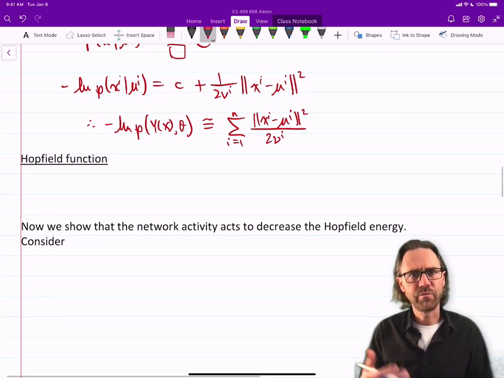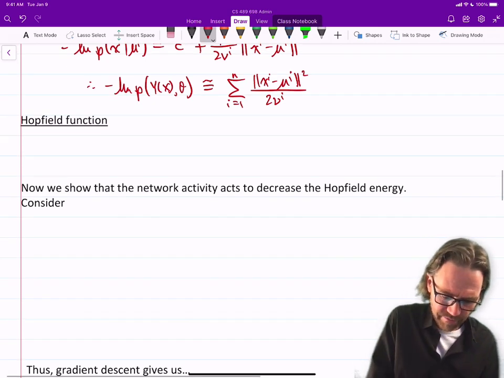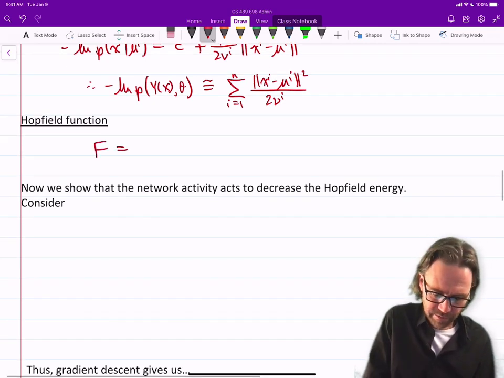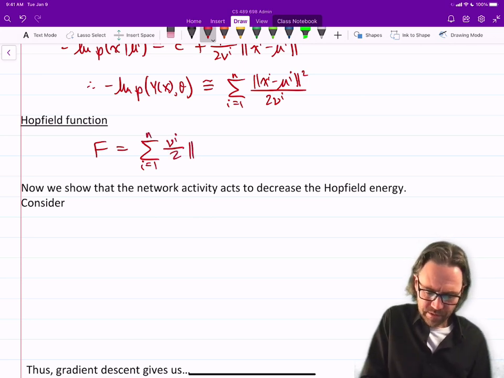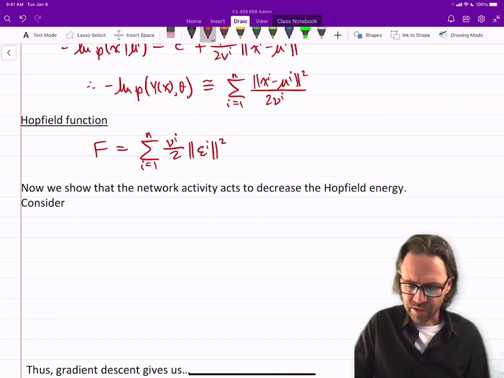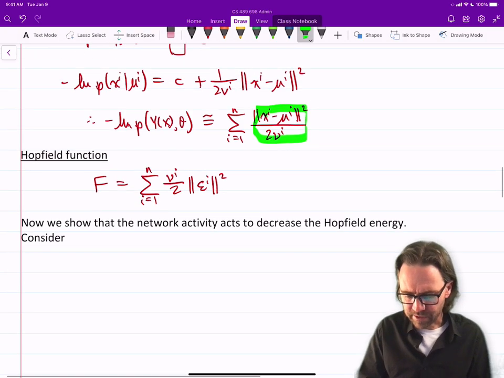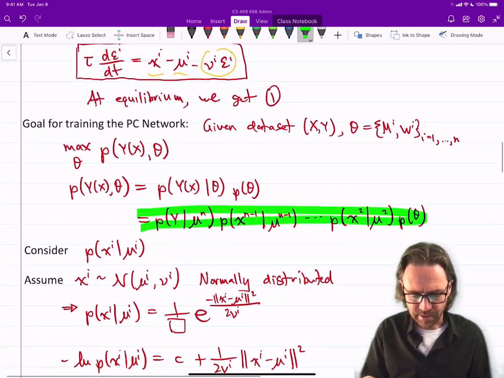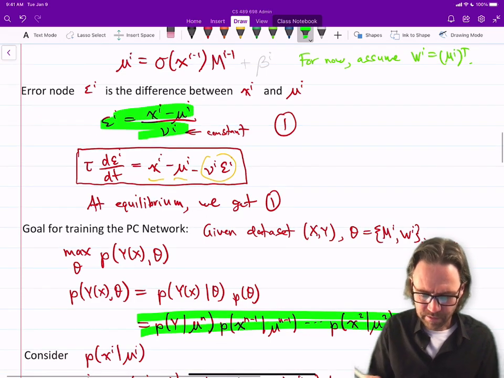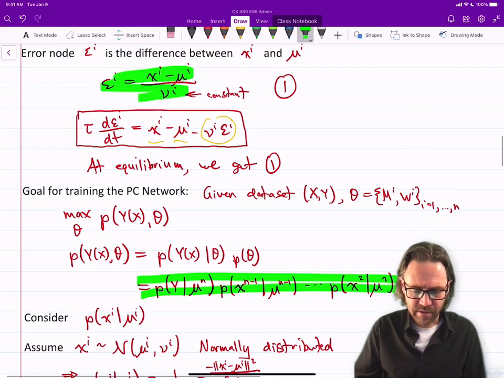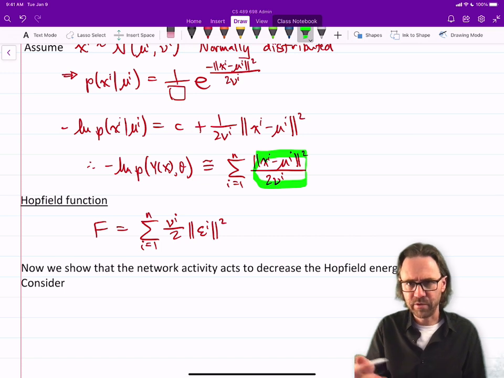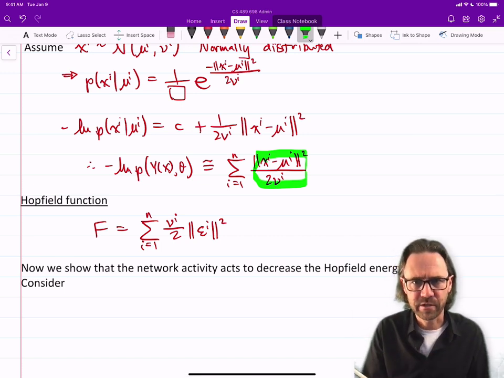So this kind of leads us to a Hopfield function. Let's define F as basically that function up there: the sum from i equals 1 to n of eta i over 2 times epsilon i squared. Because you see that this thing inside here is almost exactly what I defined to be epsilon, except that there's a factor of a half and a factor of eta as well in there.